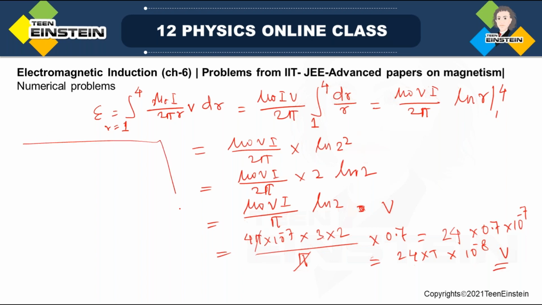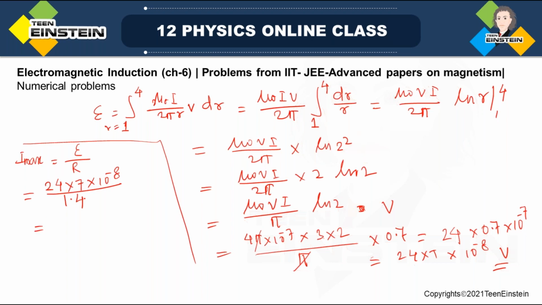Once we get the EMF, let me calculate Imax. As I was saying, Imax can be written as E by R. E we have found out to be 24 into 7 into 10 to the power minus 8, divided by R. The value of R is given as 1.4 ohm.